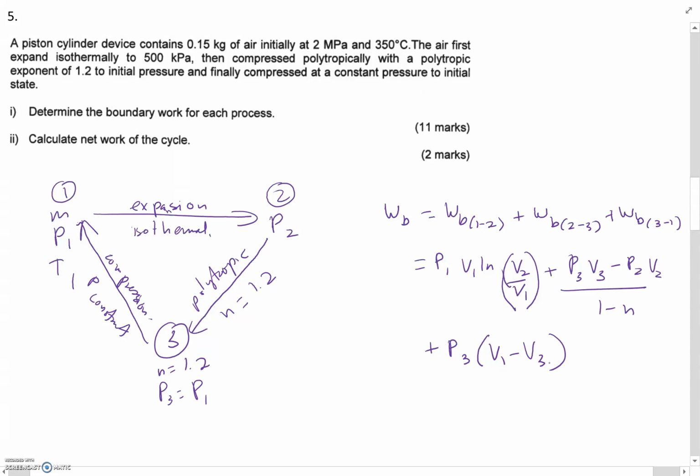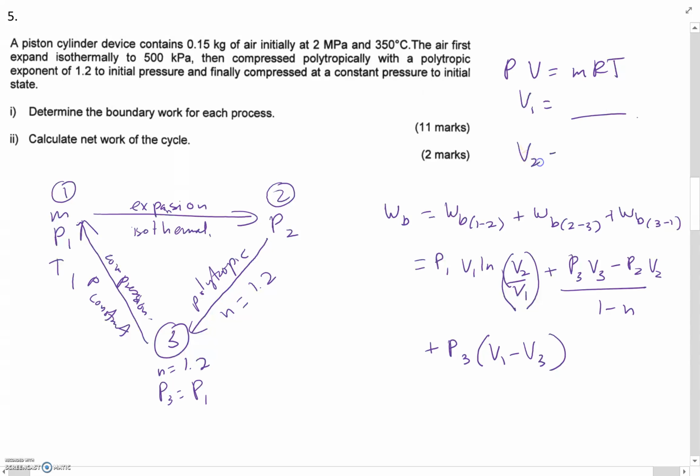But the question is how to get these values. Since this is air, you always use PV equals mRT. That's the clue. So how to get V1? Insert the values.